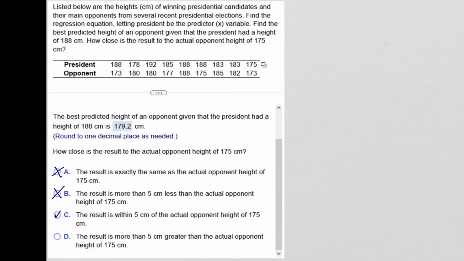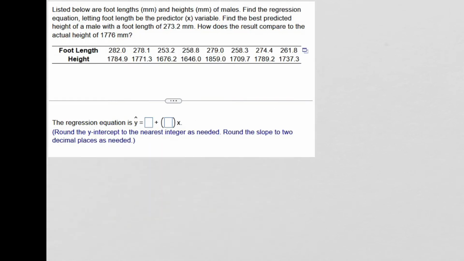Now let's take a look at what you would do if the regression equation was a good fit for the data. Now let's take a look at this question. Here we're comparing foot length to height. So what I did in my calculator is I put foot length into L3 and height into L4. And then I found my regression equation the same way I did with the previous set of data.